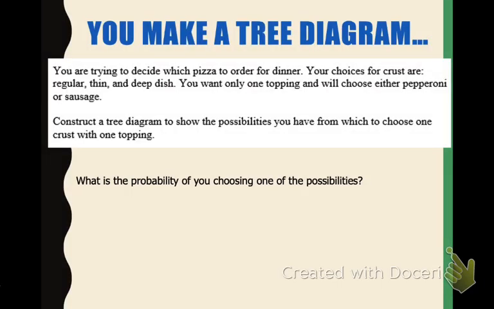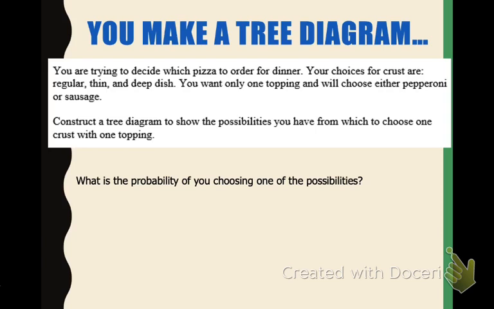Okay. So I want you to pause the video, make a tree diagram, and see what's the probability of you choosing one of these possibilities. All right, so you should have paused it and you should see that there are 6 possibilities to choose from.